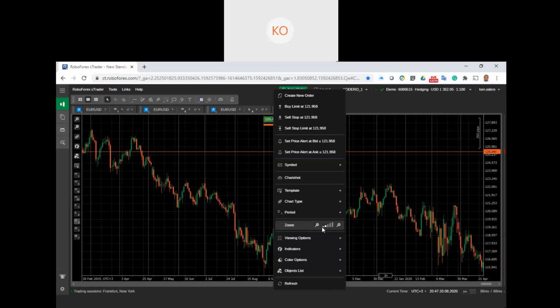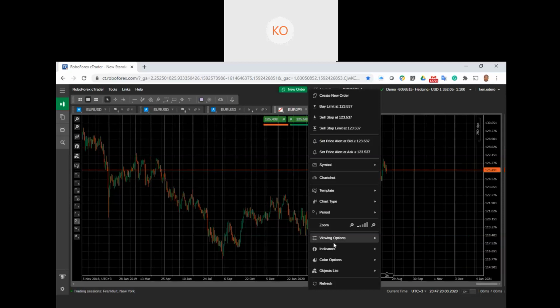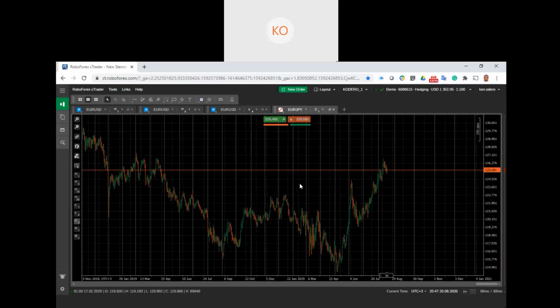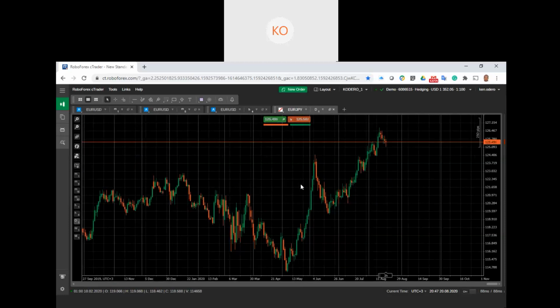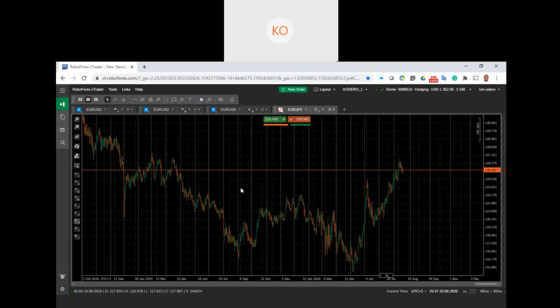You can zoom out by pressing, if you're on cTrader, the minus sign on your keyboard, or you can right click and come here and you see basically move. So now I've zoomed out to almost 3 levels below, and it gives me a chance to have a very good view of the charts.